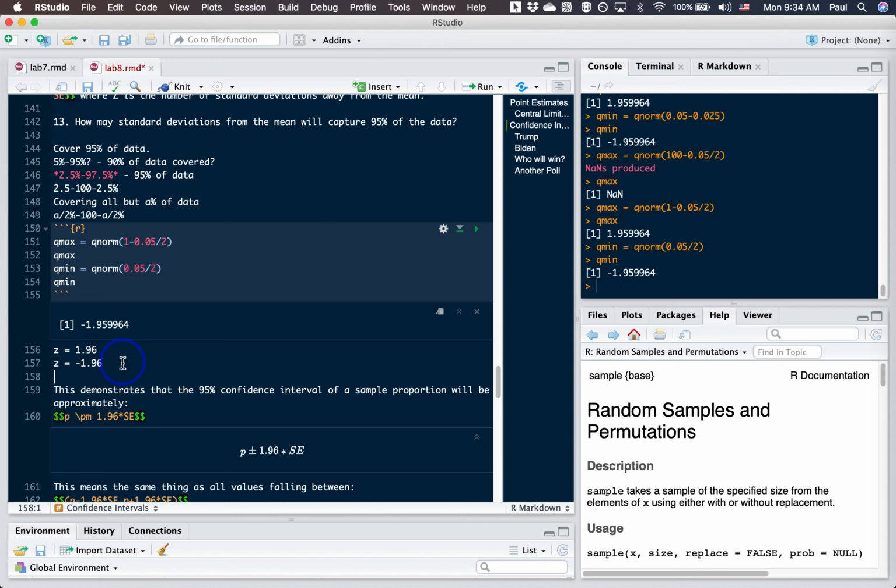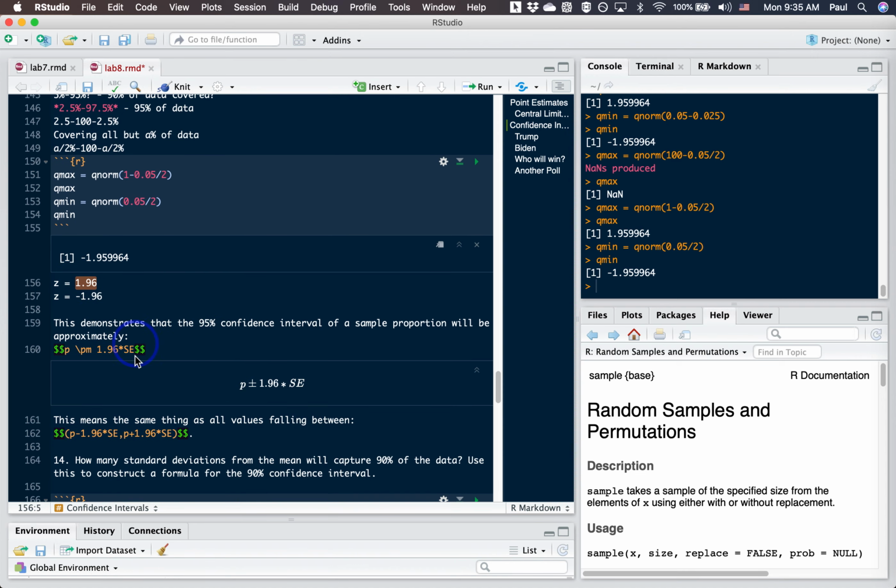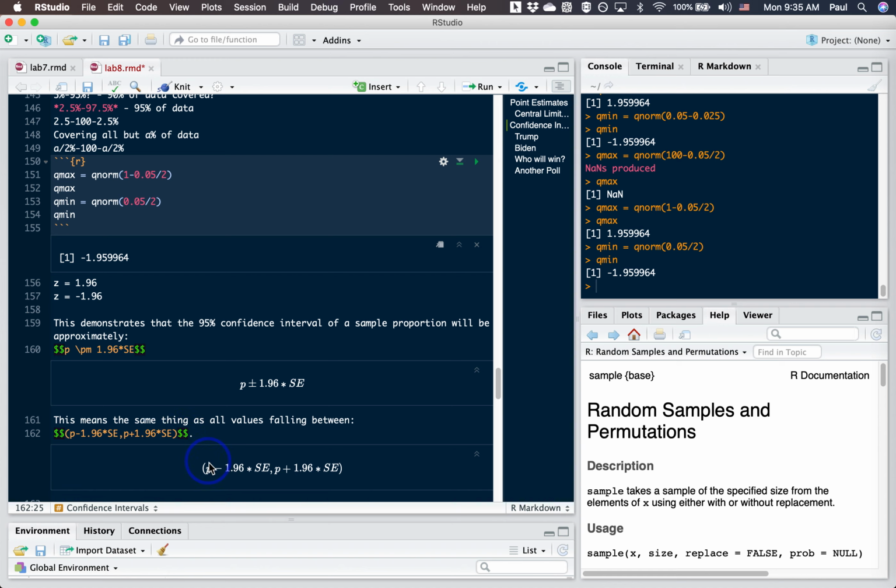So this ensures if I look at everything between negative 1.96 standard deviations and 1.96 standard deviations, I cover exactly 95% of the data. A way to write that concisely is p plus or minus 1.96 times the standard error, which is the standard deviation of the sample. Another way to express that is using interval notation, this being our minimum value, and this is our maximum value.